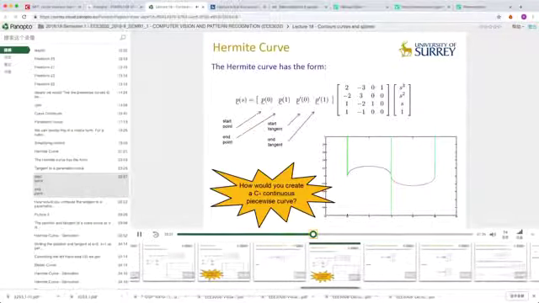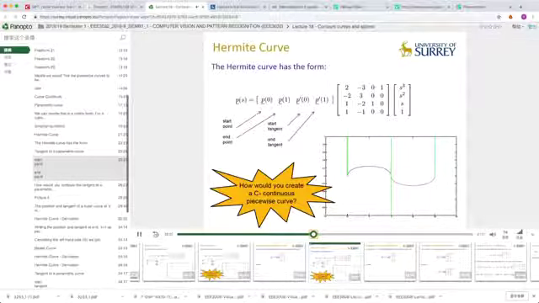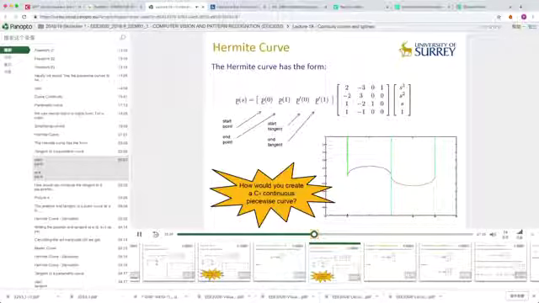Okay, maybe we'll do a quick demo of that. Again, this won't come out on the video due to limitations in Panopto, so all the more reason to come to lectures. So let's define an S that goes from 0 in small increments all the way up to 1. Okay?